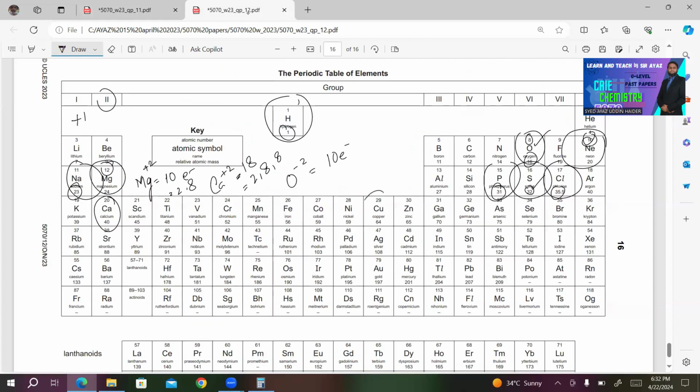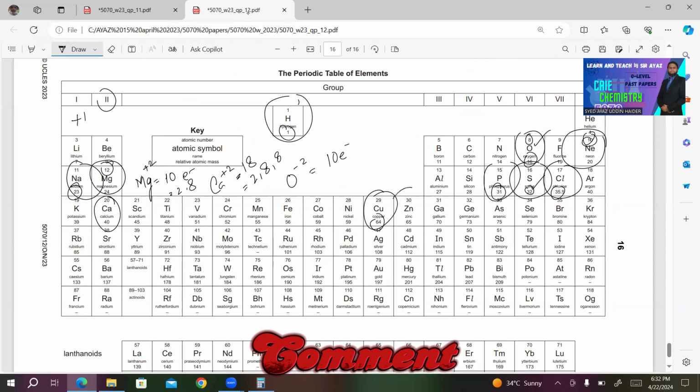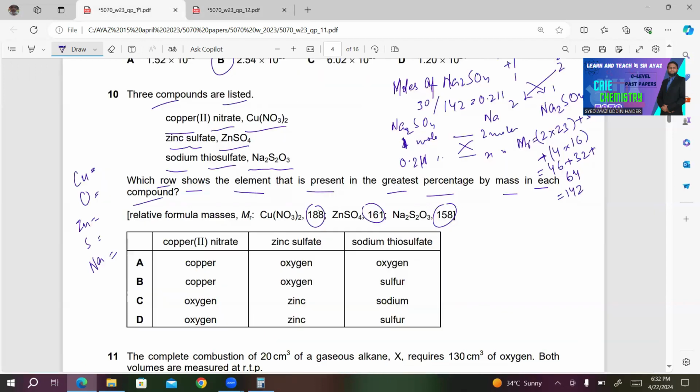Copper, AR is 64. Zn, 65. Oxygen is 16. Sulfur is 32. Sodium is 23.